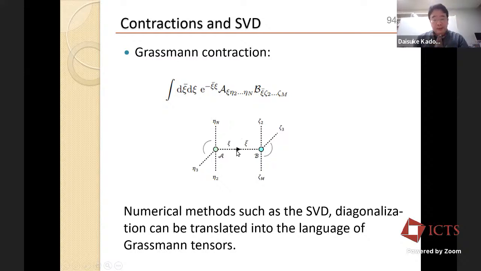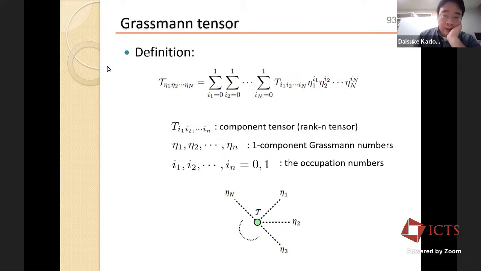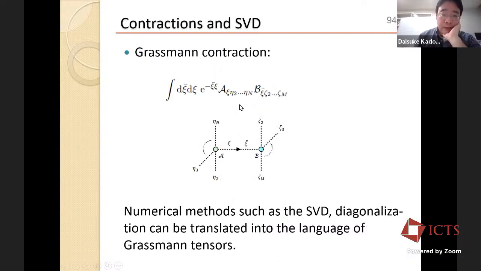And so numerical methods such as the SVD and diagonalization can be translated into the language of Grassmann tensors with these two definitions, the definition of the Grassmann tensor and the definition of the Grassmann contraction. I won't explain this point in detail, but it's easy to find the SVD of a Grassmann tensor, by which the Grassmann tensor is decomposed into two Grassmann tensors.